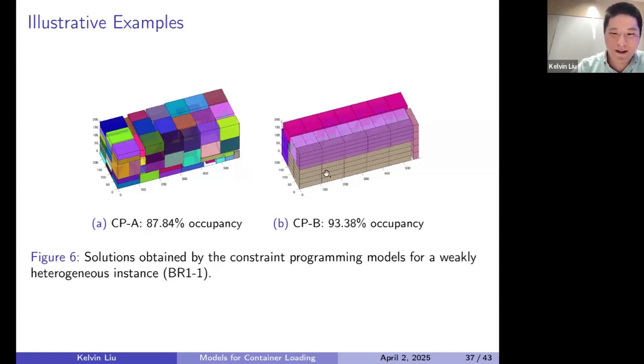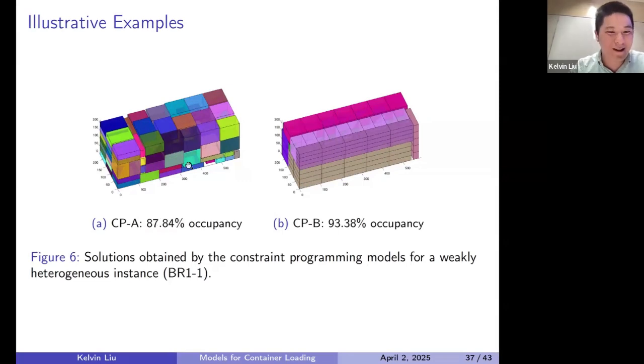So as you can see, because of these blocks, we can form these very efficient packings and occupy a lot of volume. So in this case, we got 93.38% occupancy for this particular instance. Compare it with CPA, which has to place 1 box at a time, and it gets 87.84%.